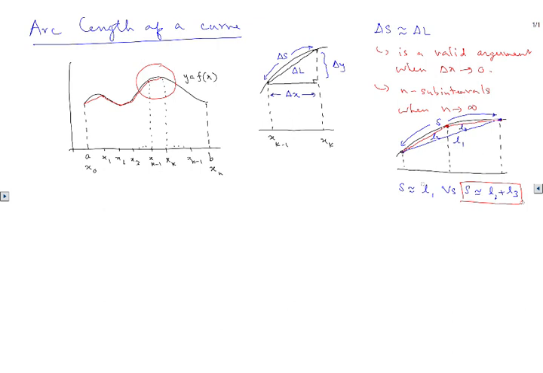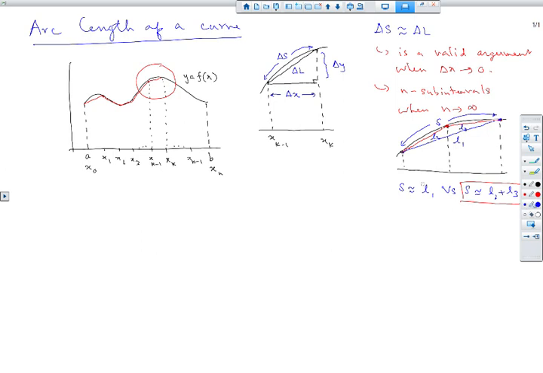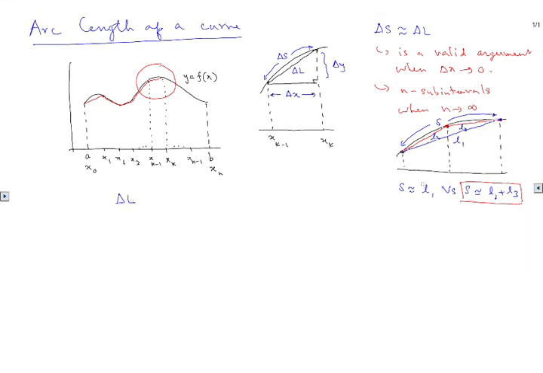Okay, so let's try to derive the formula here. What we try to do is approximate delta S by delta L. How do we find delta L? In this situation, delta L comes from the Pythagorean identity: delta L squared equals delta x squared plus delta y squared.